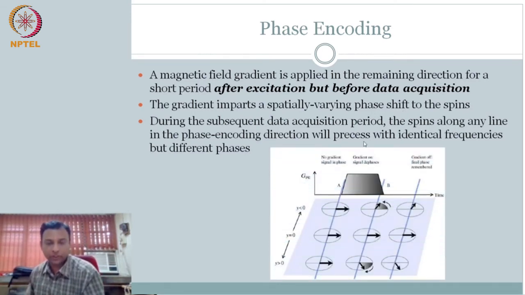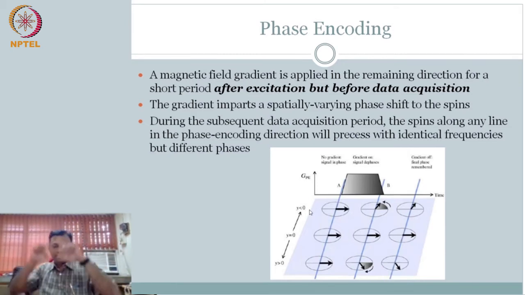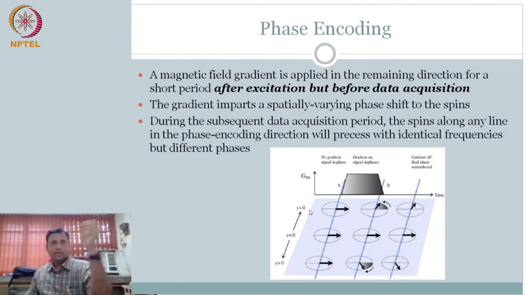To put it in a picture, this is how. So this is a picture of the time axis and what happens over time for a given y-axis. If you notice at the beginning in the y-axis, when you have a volume, you have a signal. So every voxel in this plane has the same Larmor frequency, and everything is in phase.